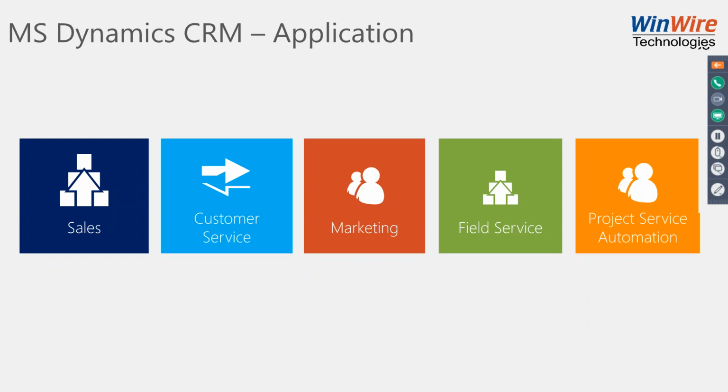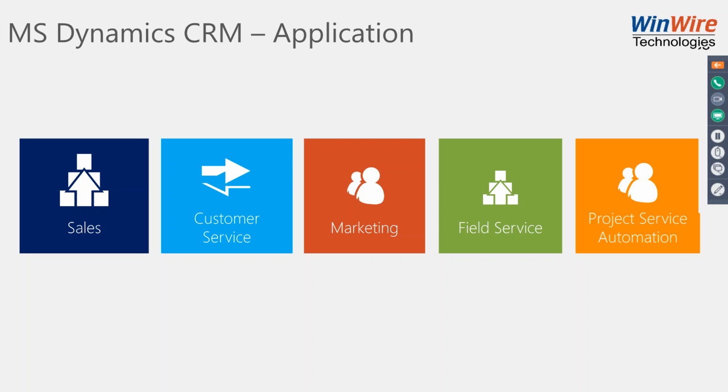Moving forward, going to the next level of functionality. What are the different capabilities available on Microsoft Dynamics 365? There are different modules available which can align to different sub-organizations within your organization, like sales, customer service, marketing, field service, and project service automation.